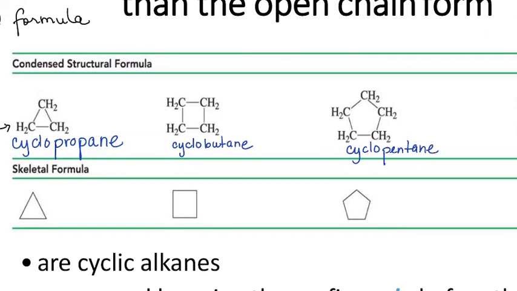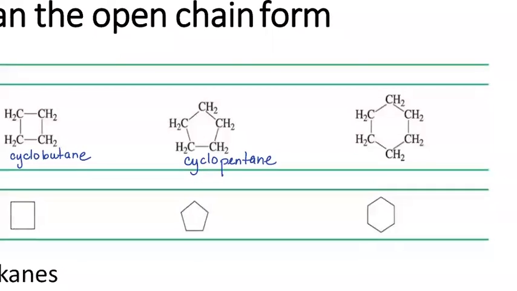And as you can see, the skeletal structures are given in that second row. Lastly, we have something that looks like a hexagon. What would be the name of that? Great job in the chat. Cyclohexane.